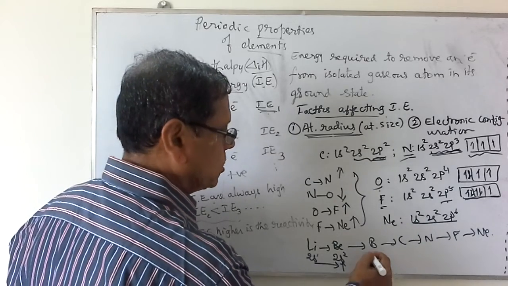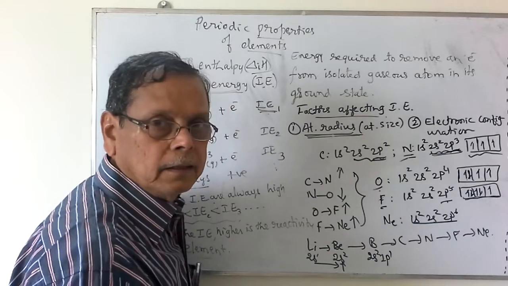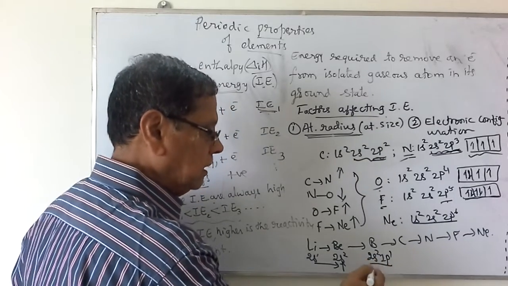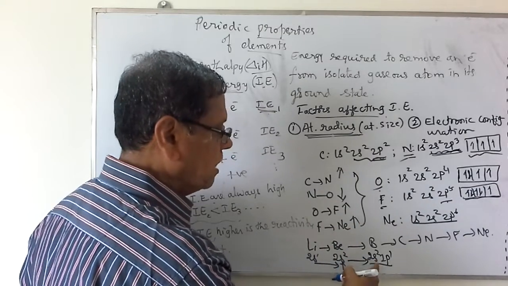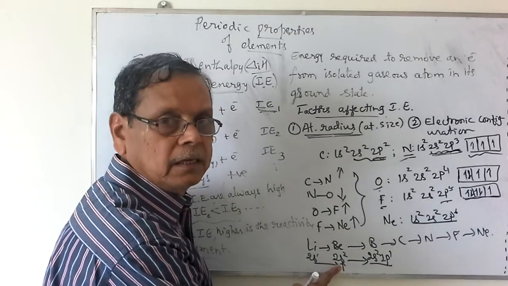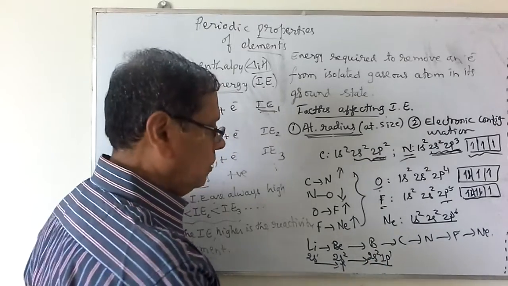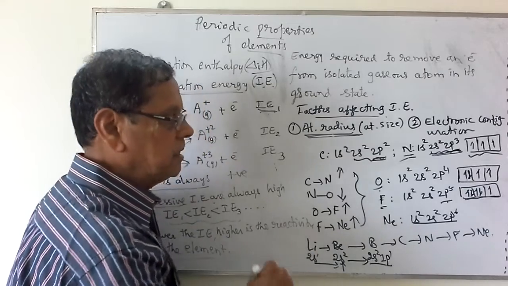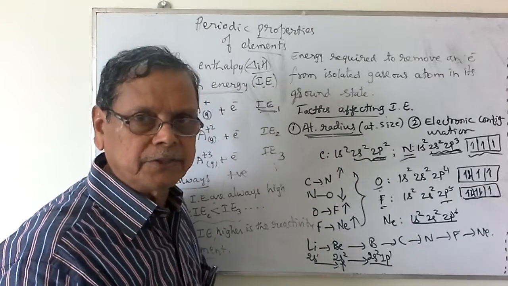But in boron, it is 2s2, 2p1. So here we have to consider another factor, because the electron is not in the same orbital, it is present in the 2p orbital. So the third factor that we consider is the type of orbital containing the electrons.